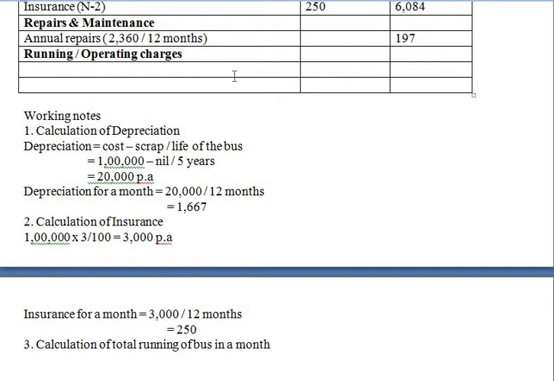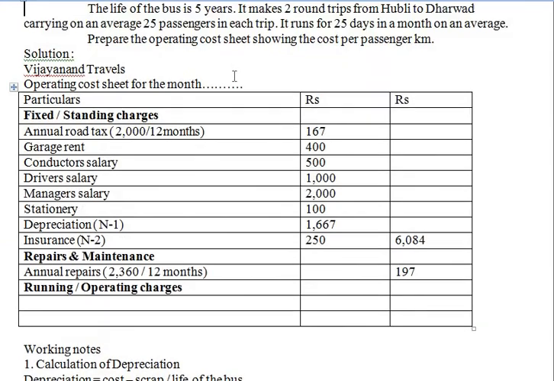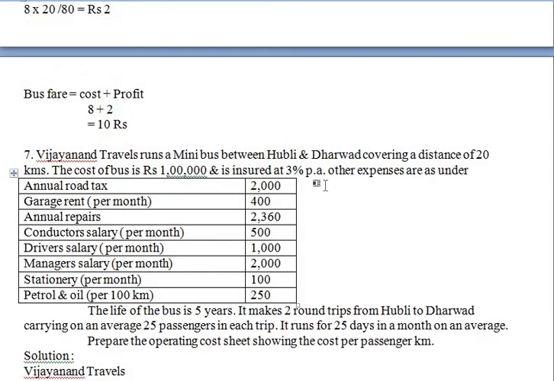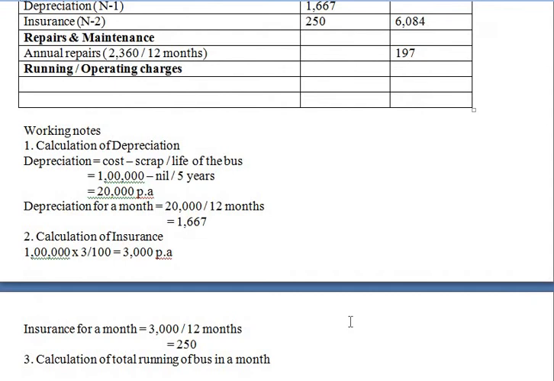Now how many kilometers the bus has run? Check here, Hubli and Dharwad covering a distance of 20 kilometers, right? And it makes two round trips. For one round trip, 2 trips we used to take. Now it is 2 round trips, it means 4 trips we need to take.